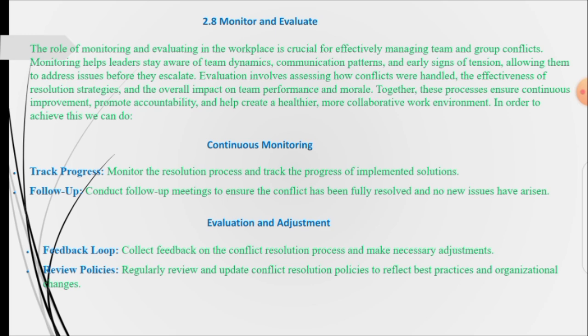By staying alert to subtle cues and feedback, managers can address issues proactively before they escalate into major conflicts. This approach helps maintain a positive and collaborative work environment, promotes trust, and ensures quick resolution of problems, thereby improving overall team dynamics and productivity.